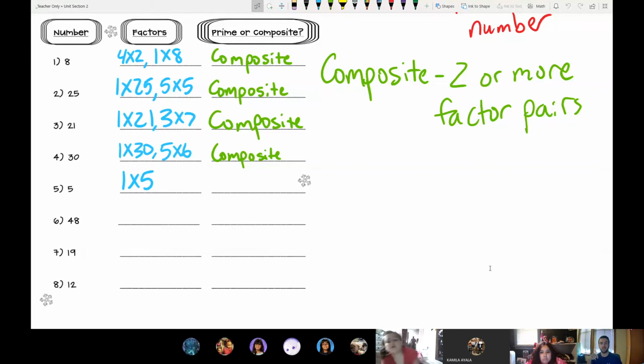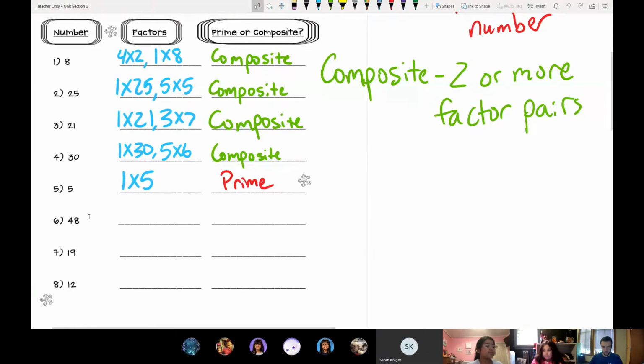Now, Malia, are there any other factor pairs for 5? There are not. So what classification is this number? Did you say prime? It is prime. Prime. Nice job, Malia.